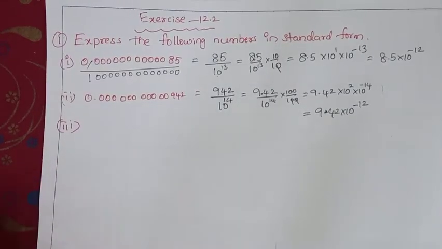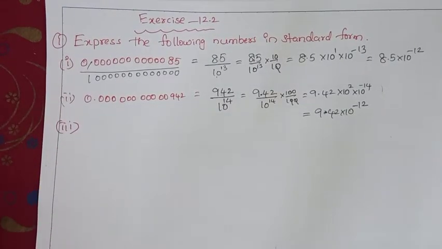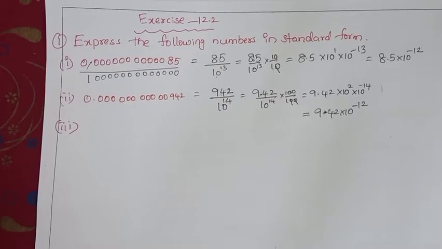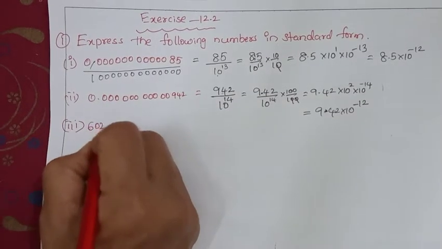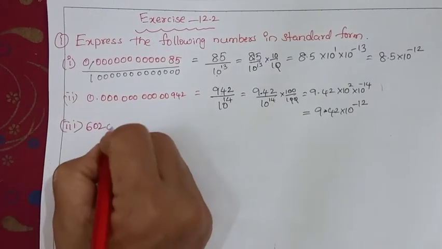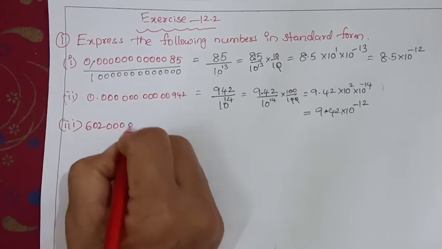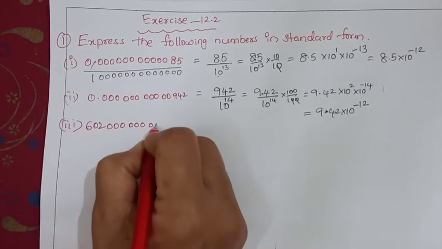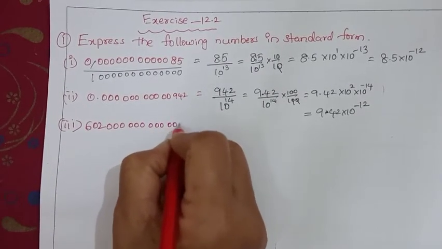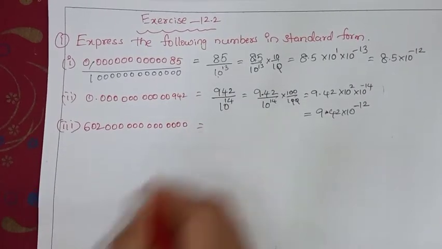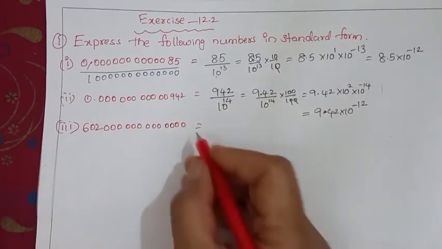Third question. 602 followed by 13 zeros. 13 zeros are there, children.